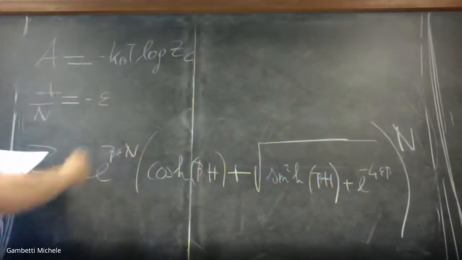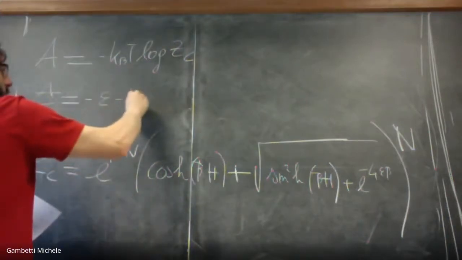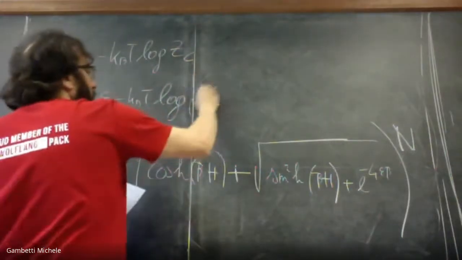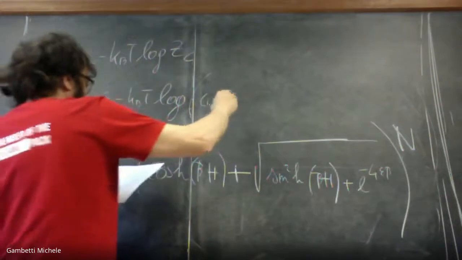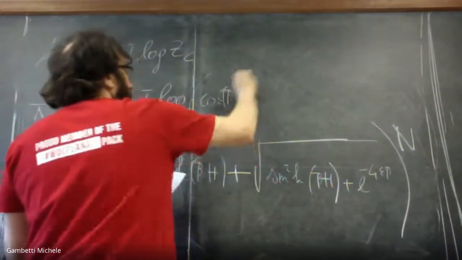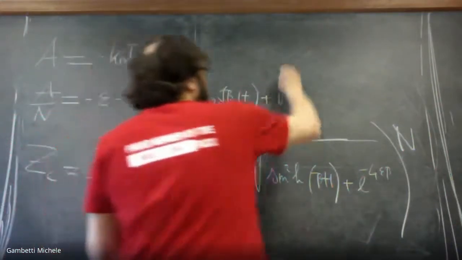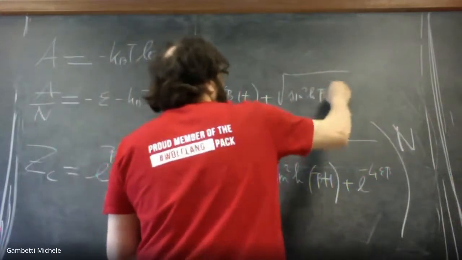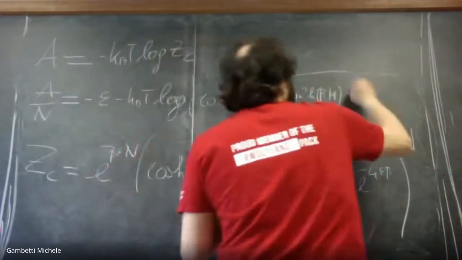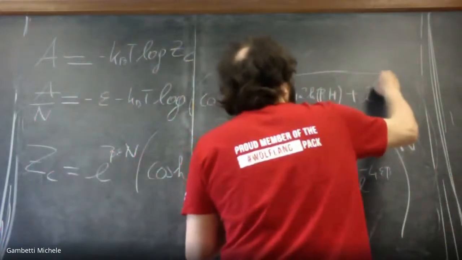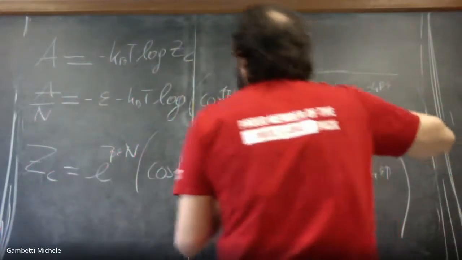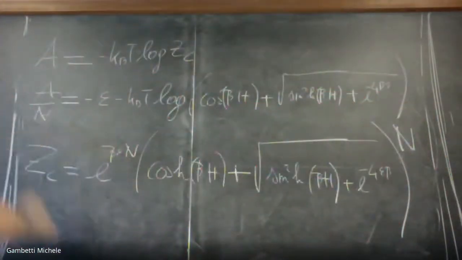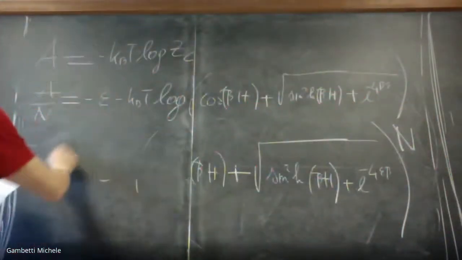I get a minus epsilon minus kBT, and then I have a logarithm of the cosh beta h plus sinh squared beta h plus e to the minus 4 beta epsilon, and that's it. And the n is here.